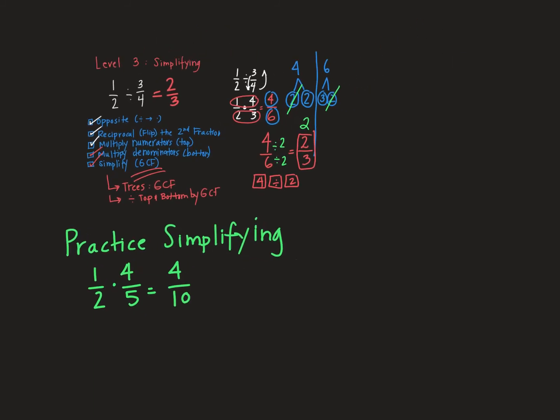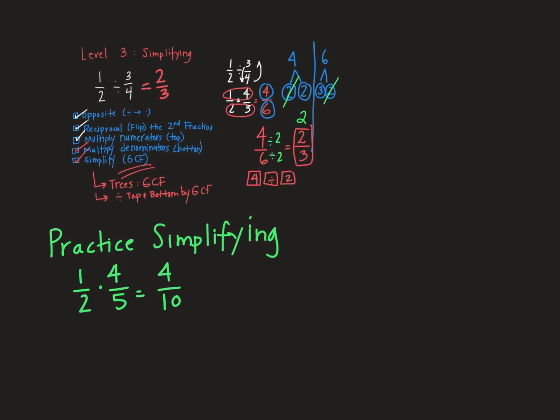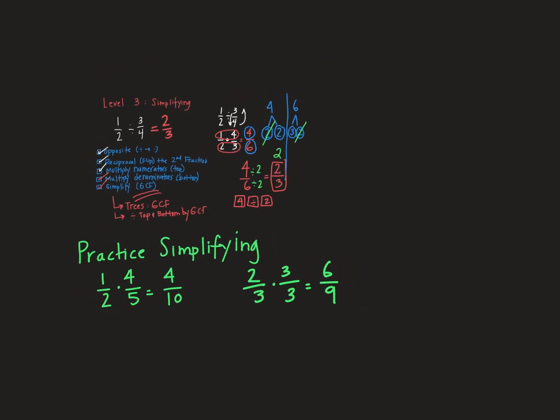Okay? Second problem, when you have 2/3 times 3/3, and you get 6/9, I want you to simplify 6/9.